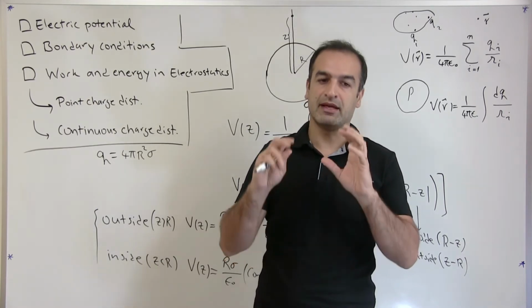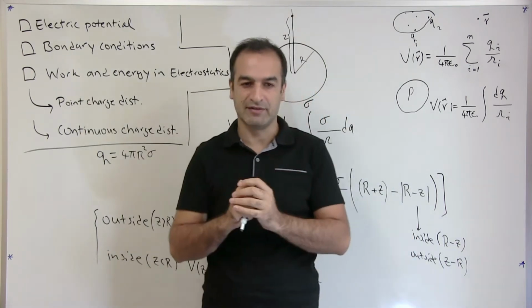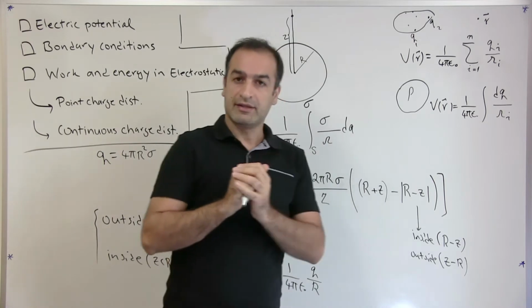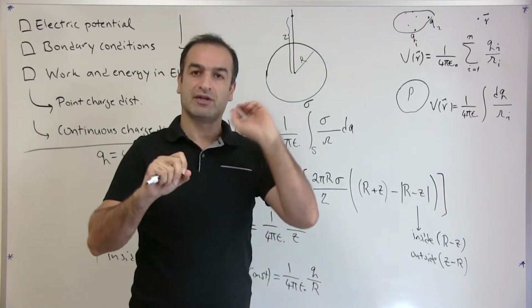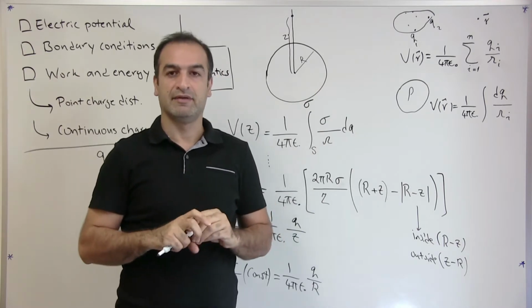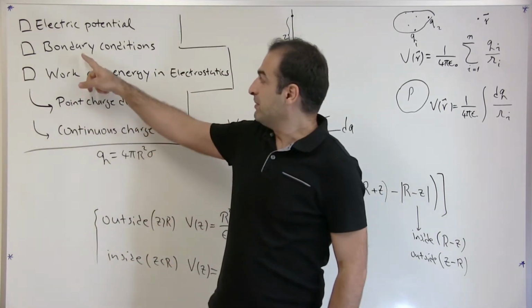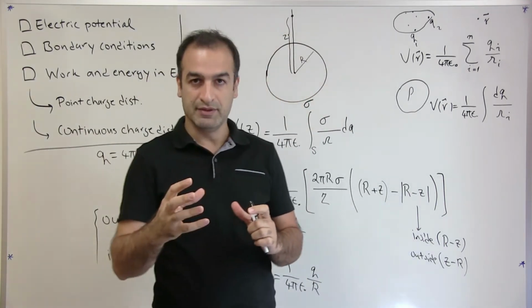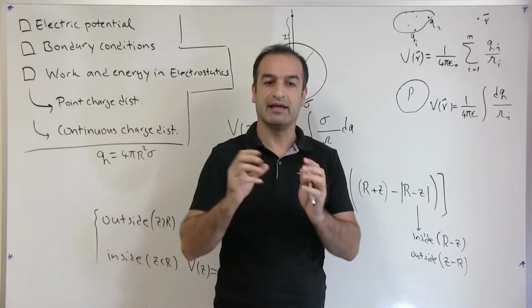I'm going to keep that because it's useful for our next conversation, which is about the relationship between charge distribution, electric potential, and electric field. And we're going to discuss the boundary conditions, which is about continuity and discontinuity of the electric potential and electric field.